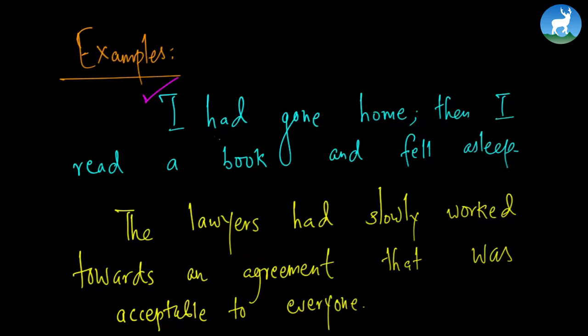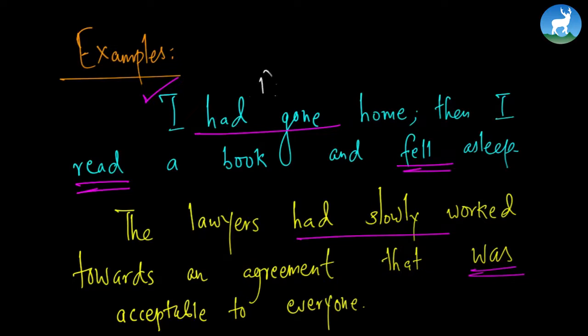The first one is I had gone home, then I read a book and fell asleep. The lawyers had slowly worked towards an agreement that was acceptable to everyone. So if you look at this, first this happened, after this happened, and afterwards the falling asleep thing happened. So first they worked and that was acceptable to everyone. So the first thing that happened should be described by using past perfect tense.